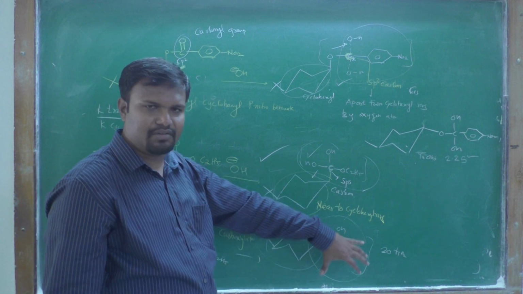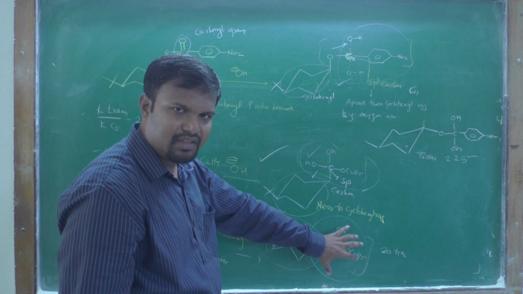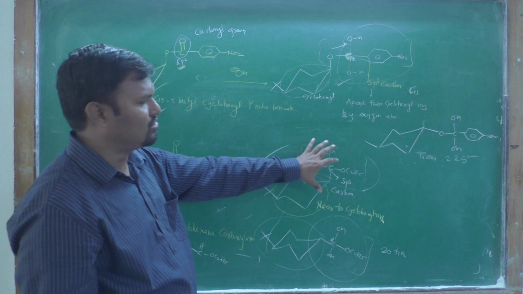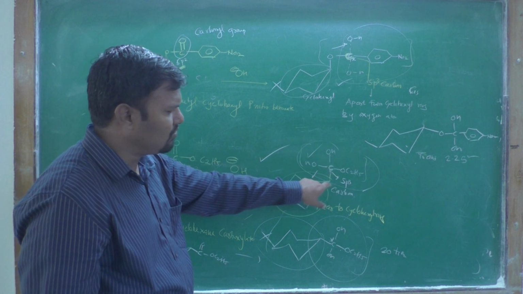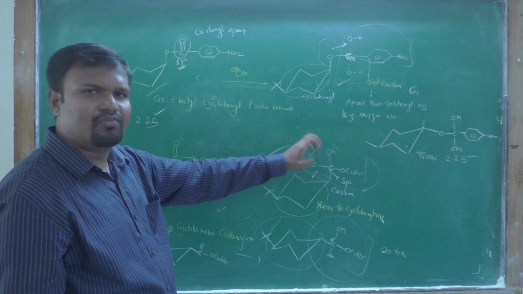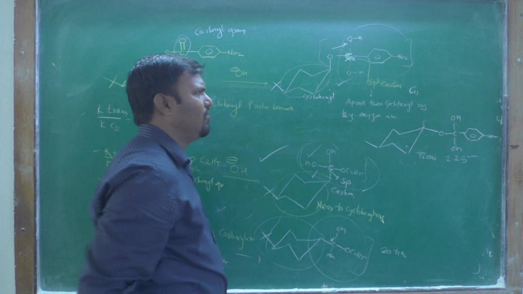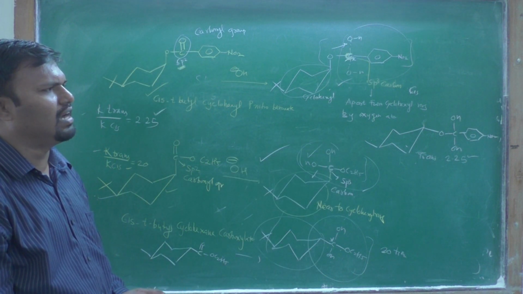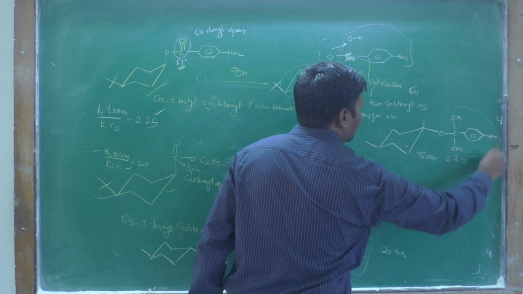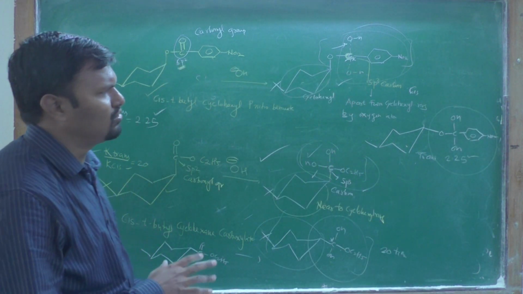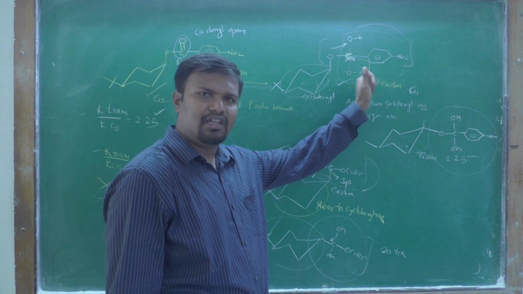And in the axial molecule, the sp3 is near to this, so it reacts very, very slowly because the sp3 is very near to the cyclohexyl ring. It creates a 1,3-diaxial interaction. In the other case, the tetrahedral carbon is away from the cyclohexyl ring. There is crowding in this case also, but the crowding is shifted away from the ring.